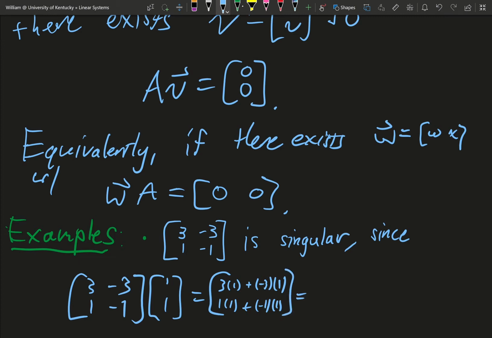And so I get 3 minus 3, 0, 1 minus 1, also 0. So because I plugged in a non-zero vector, I got out all zeros.